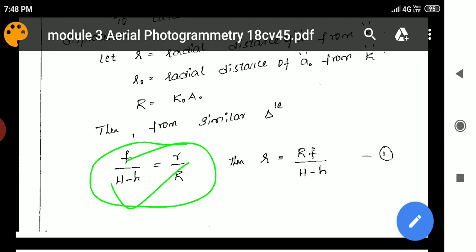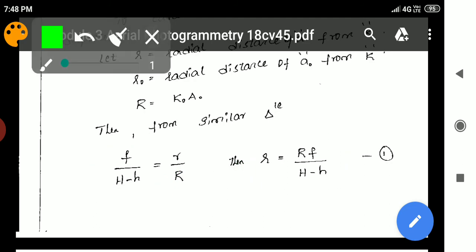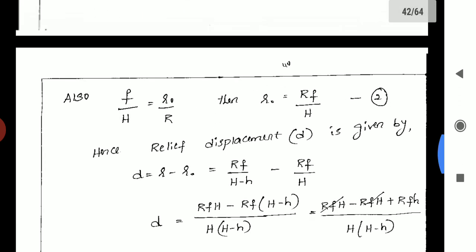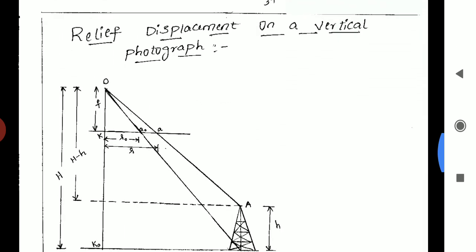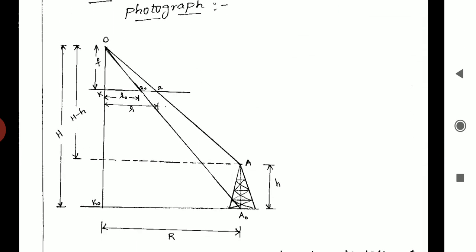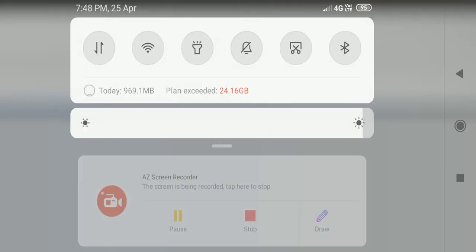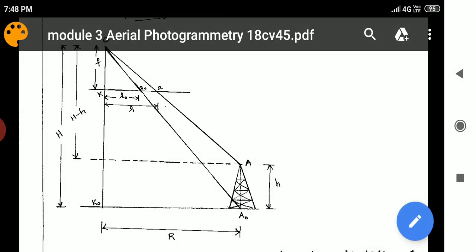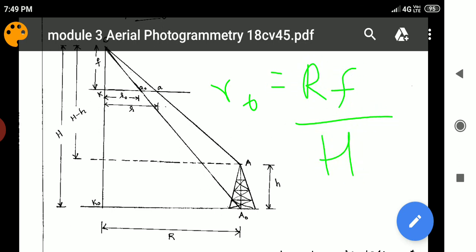We want small r, no, so I simplified it. In the same case also, this is r naught. r naught equal to r f divided by h.